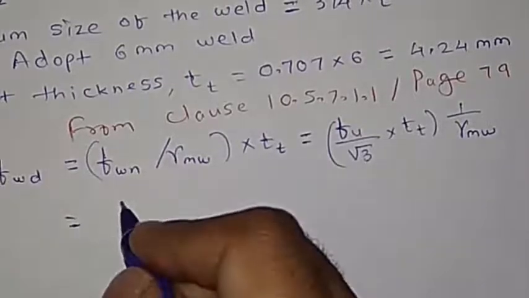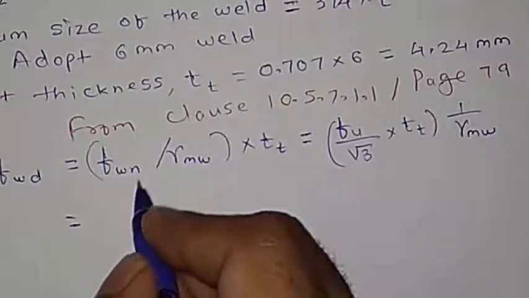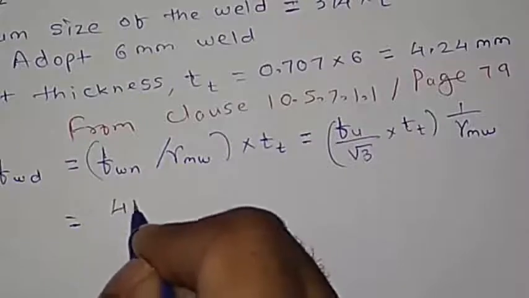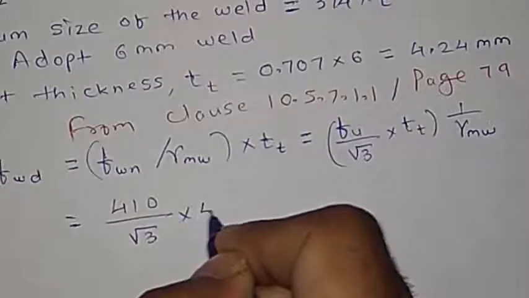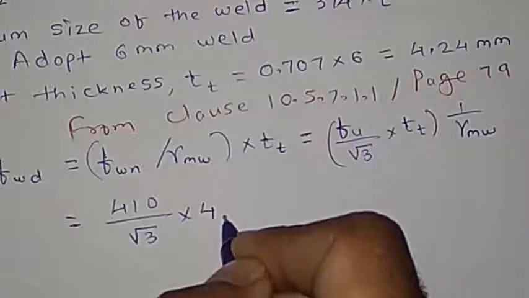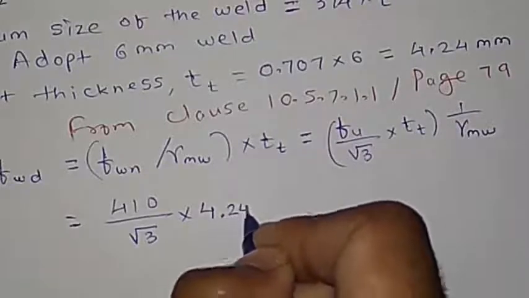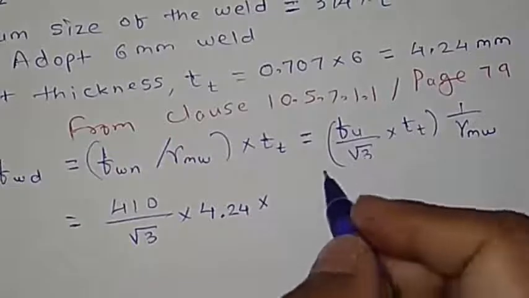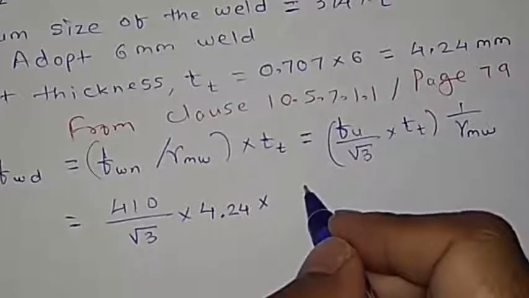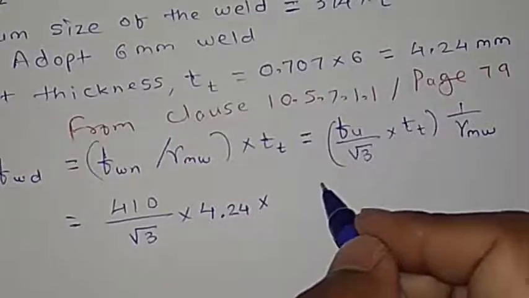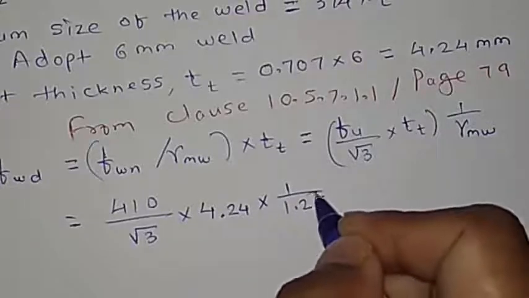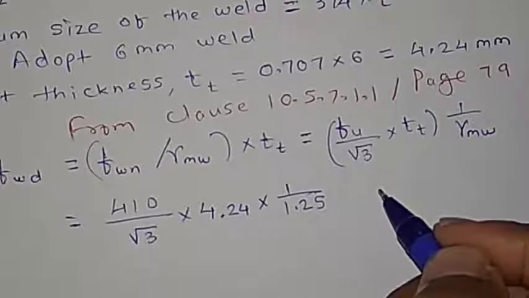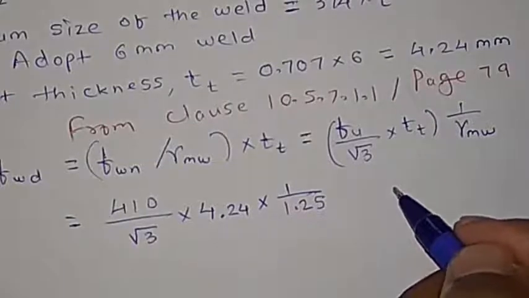So we got here FU, that is 410 by root 3, multiplied by TT, we got 4.24, multiplied by 1 by gamma MW, which we already saw in the earlier video, 1.25 from table number 5, page number 30.